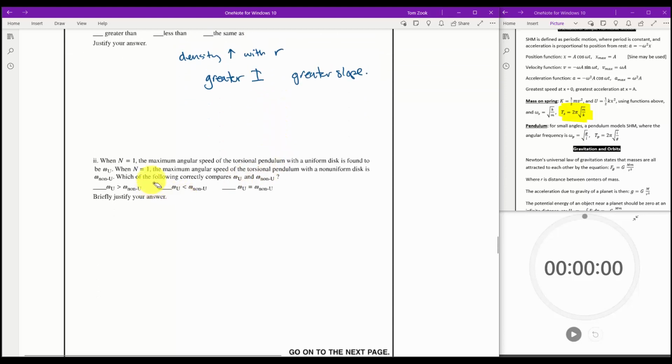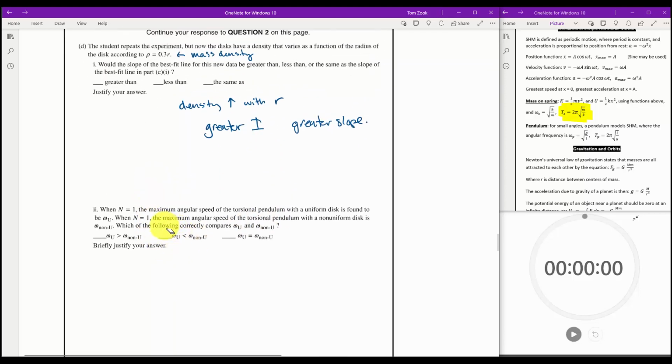And then part 2 of this, because, why not add a part 2 to it? When n equals 1, the maximum angular speed of the torsional pendulum with uniform disc is found to be omega sub u. When n is equal to 1, the maximum angular speed of the torsional pendulum with a non-uniform disc is omega sub non-u. Which of the following correctly compares those two?